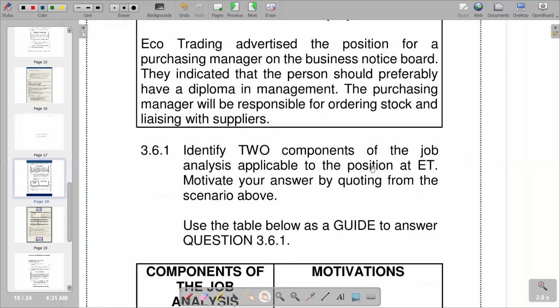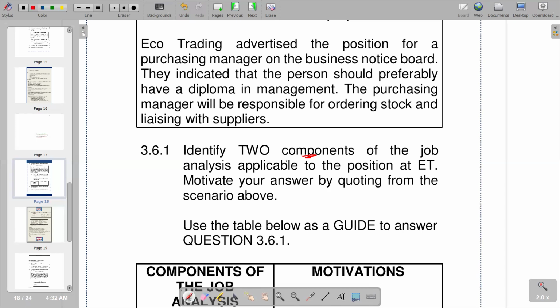So obviously, we need to identify two components of job analysis, but we need to also understand what job analysis is. Generally, job analysis is the process of identifying and determining the responsibilities. It might also identify the requirements and the nature of a job in detail. Remember, our question is asking us to identify two components.